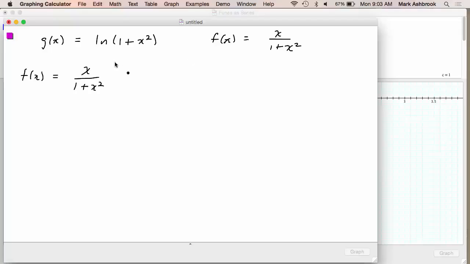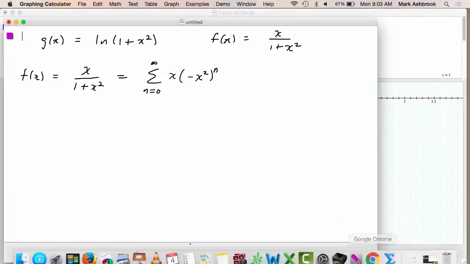So what is x over 1 plus x squared? I'm going to go a little bit fast here. A is x. R is negative x squared. So I think this is the geometric series.